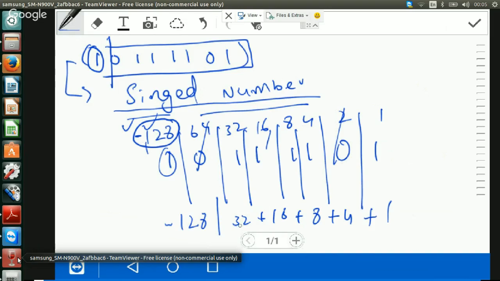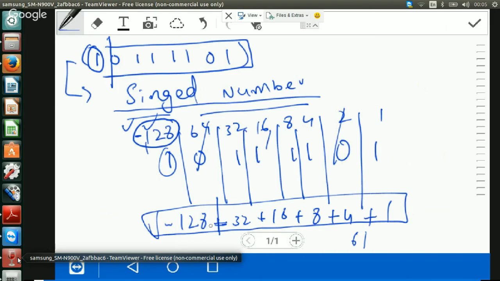So add up all these numbers. 32 plus 16 is 48, 48 plus 8 is 56, then 60 and 61. So we need to add this minus 128 with this whole number, or you can say do minus 128 plus 61.